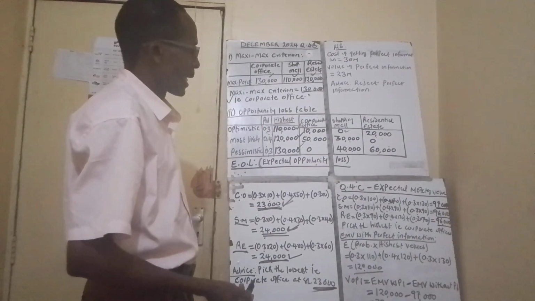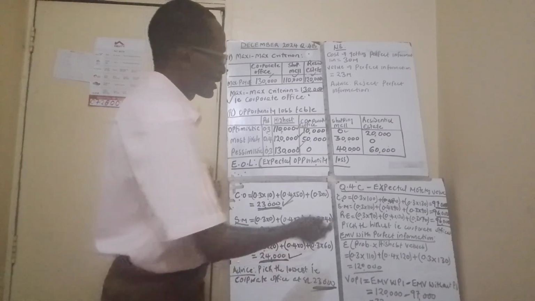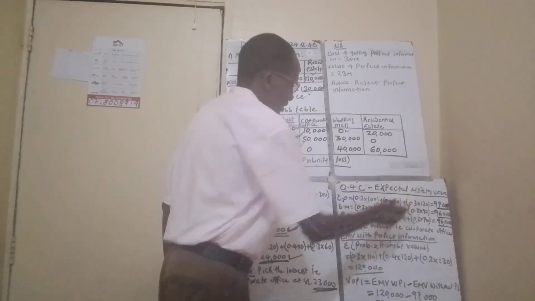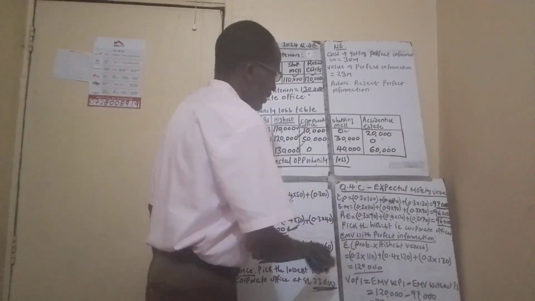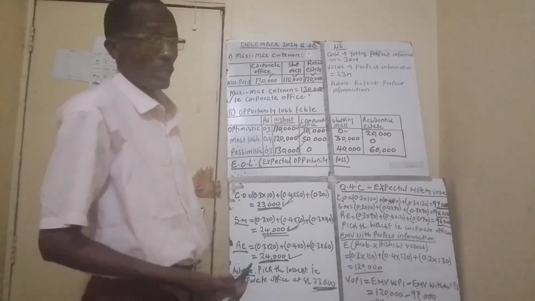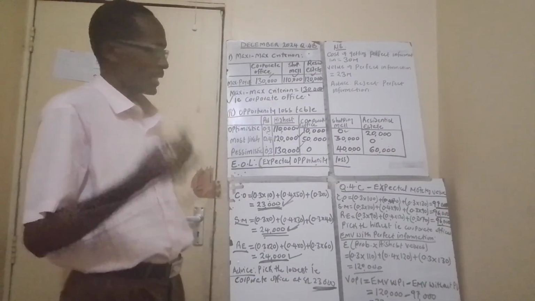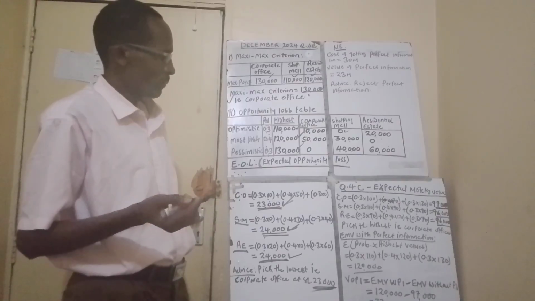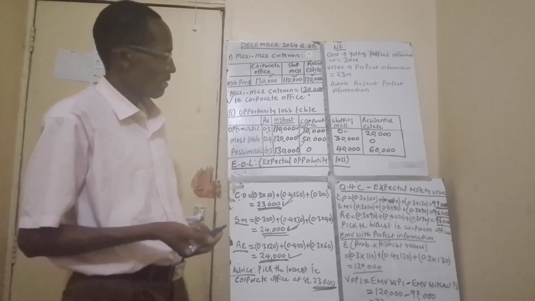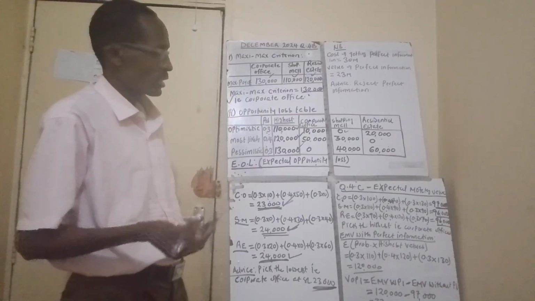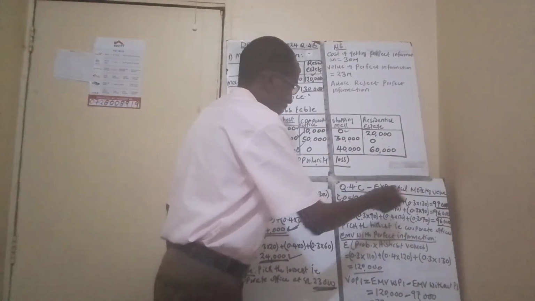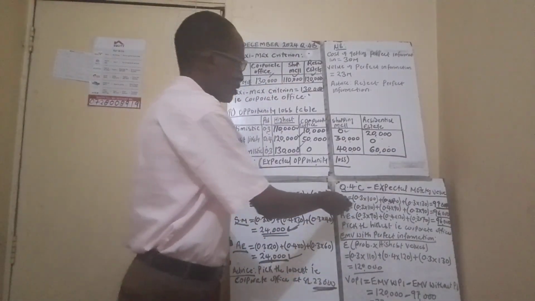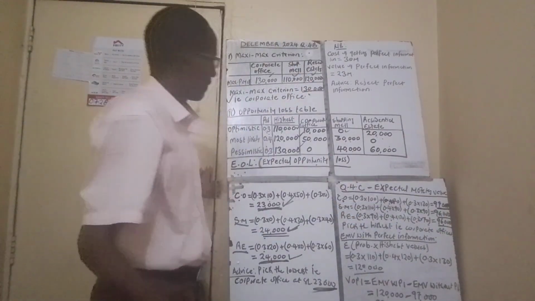Now this is called expected monetary value. In this case you are to pick the highest, and that figure you have picked there is the expected monetary value without perfect information. For corporate office, you have gotten 97,000.